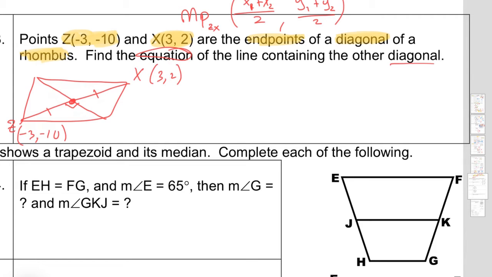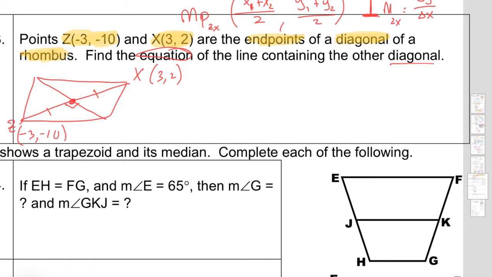And the second thing we need is the slope that's going to be perpendicular. Remember, perpendicular means opposite reciprocal of the slope of ZX. And to find slope is just change in y over change in x.